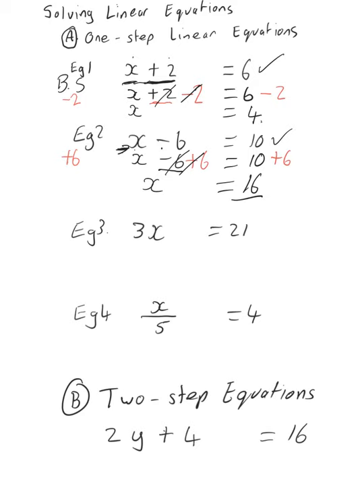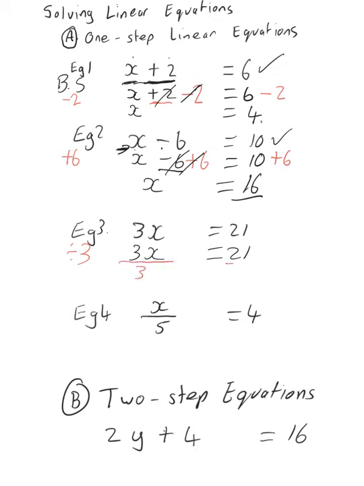Okay, let's look at example 3. This time the operation being performed on the pronumeral is multiplying. It's being multiplied by 3. The inverse of multiplying is dividing. So to both sides, we're going to divide by 3. Now we'll do this as a fraction type setup.